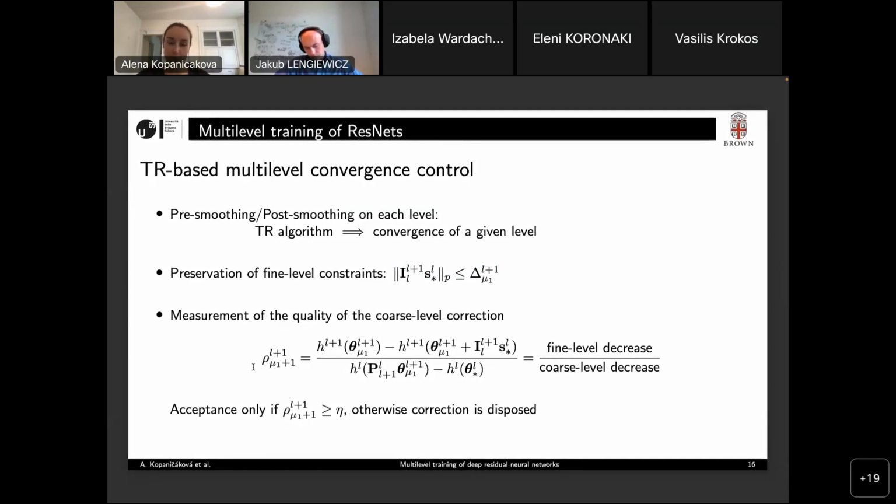This will be done using this multi-level trust region ratio rho, which is defined by comparing the decrease in the fine level model with the decrease in the coarse level model. And of course, we will accept the prolongated coarse grid correction only if there is a decrease on the fine level. Otherwise, our correction has to be disposed of because it does not improve our fine level model.